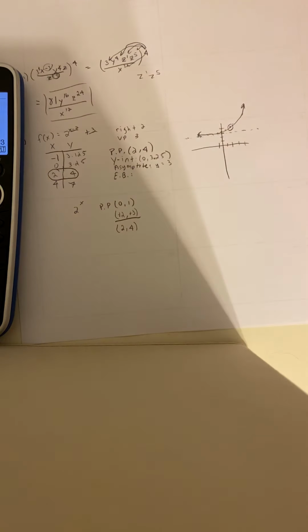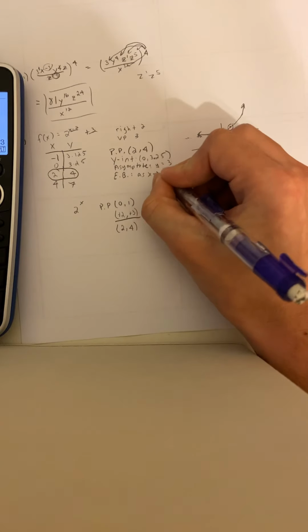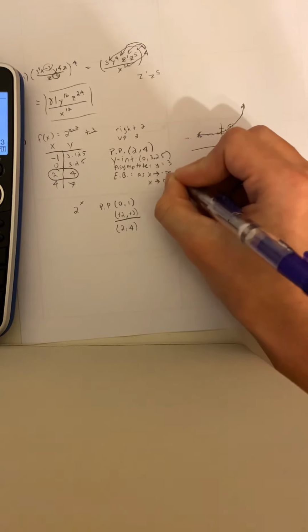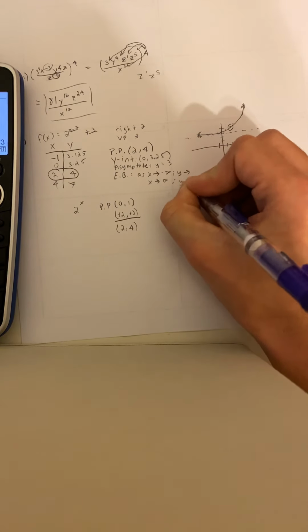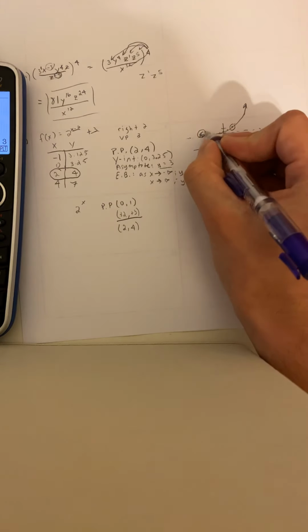For my end behavior, I want to find out what my y is going to as x approaches negative infinity and as x approaches positive infinity. For this, my y always approaches my asymptote if I have a horizontal asymptote.